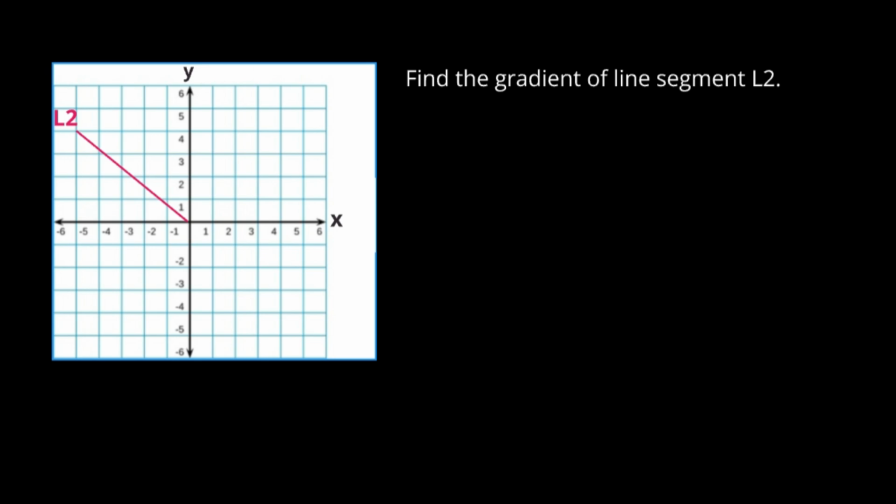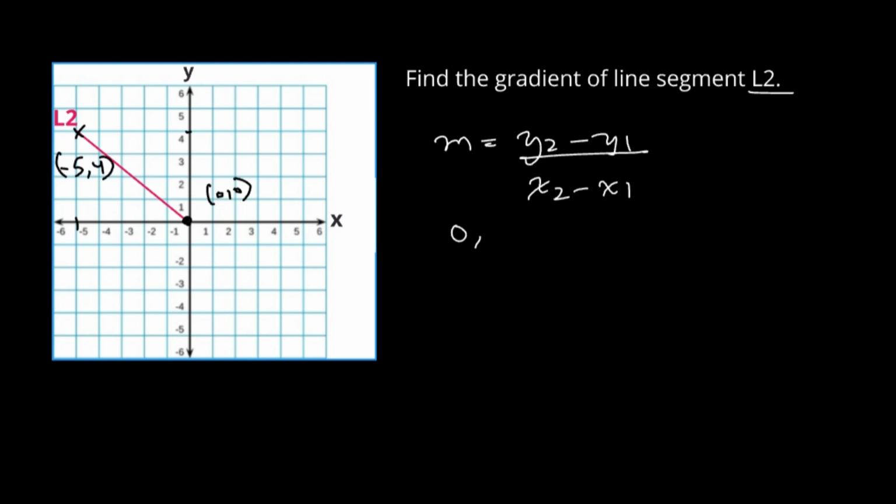Now find out the gradient of the line segment L2. First we will try to find out the gradient using the gradient formula, that is y2 minus y1 divided by x2 minus x1. And then we will try to find out the gradient using the rise and run concept. So I'll choose the coordinates 0, 0 and another nice coordinate, that is -5, 4. So the two coordinates of the line L2 become 0, 0 and -5, 4.